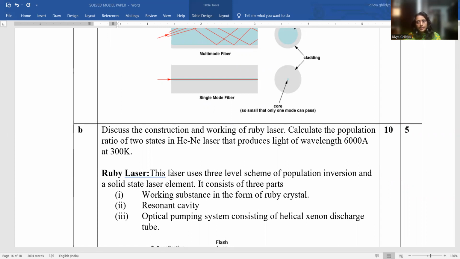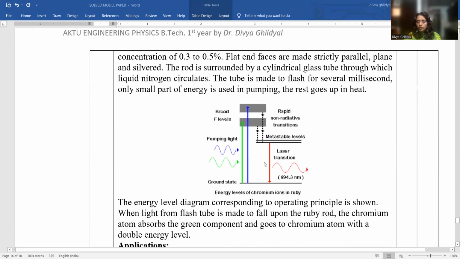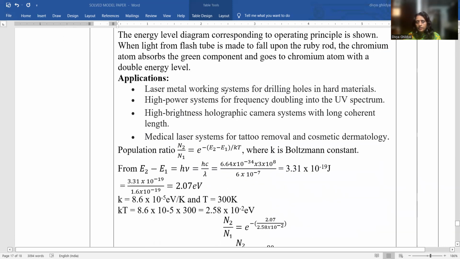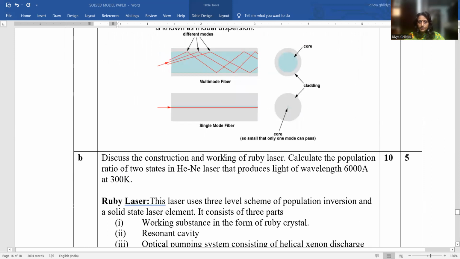I am noticing that the last question is usually either ruby laser or helium neon laser, and it is of 10 marks. In this 10 mark breakup, I will get a few marks for drawing the diagram, maybe 4 marks, maybe 3 marks for my energy level diagram, and a few for applications. In case I have been given a numerical along with it, I will solve the same.